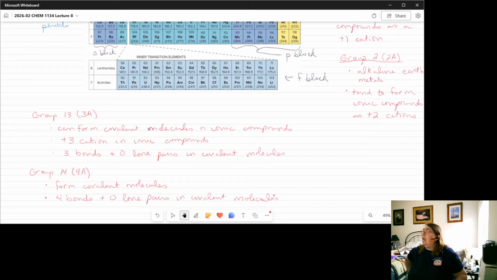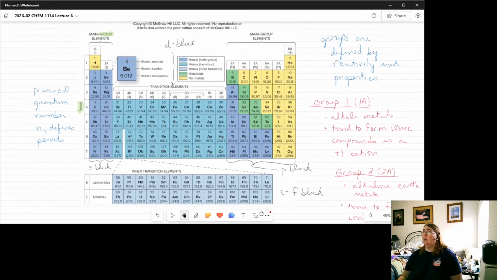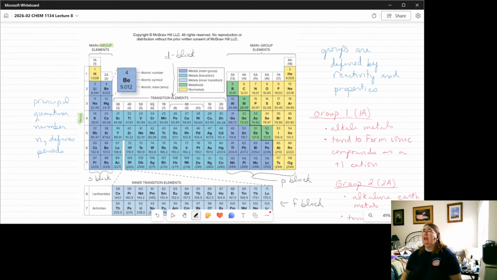Now, as you move from row 2 to row 3 to row 4, the bonding changes. 4 bonds is the maximum amount of bonding you can have in row 2. So I'm going to go ahead and write that. Again, this is something we're going to cover in a lot more detail later, but row 2 can support 4 bonds only.